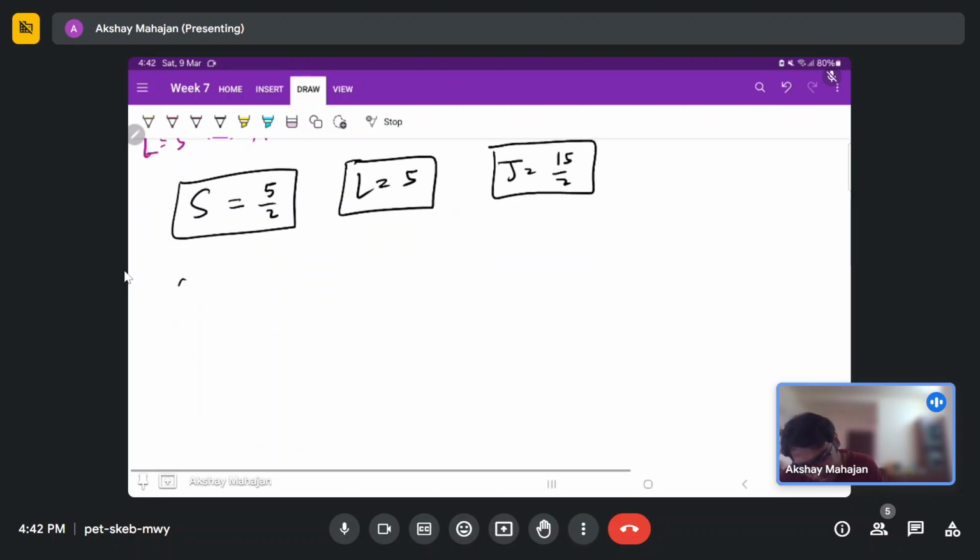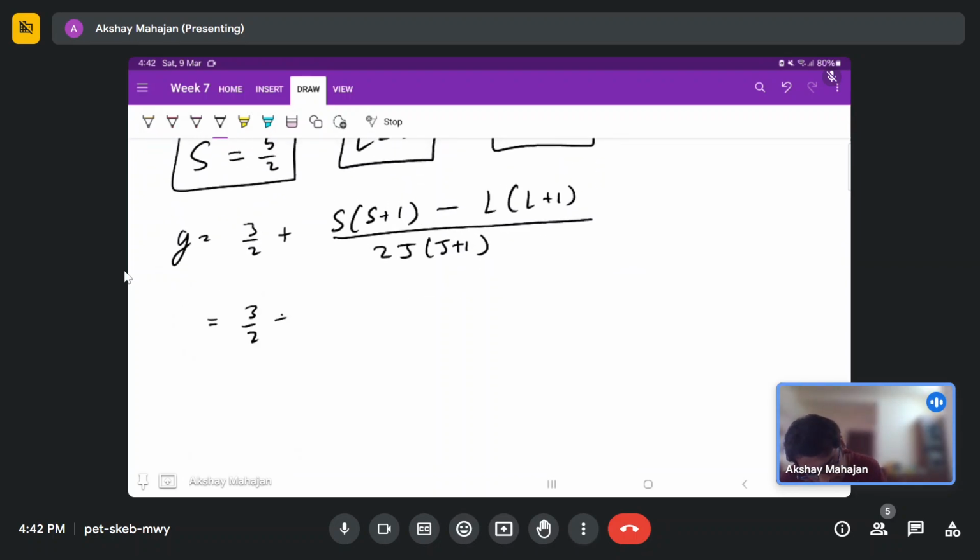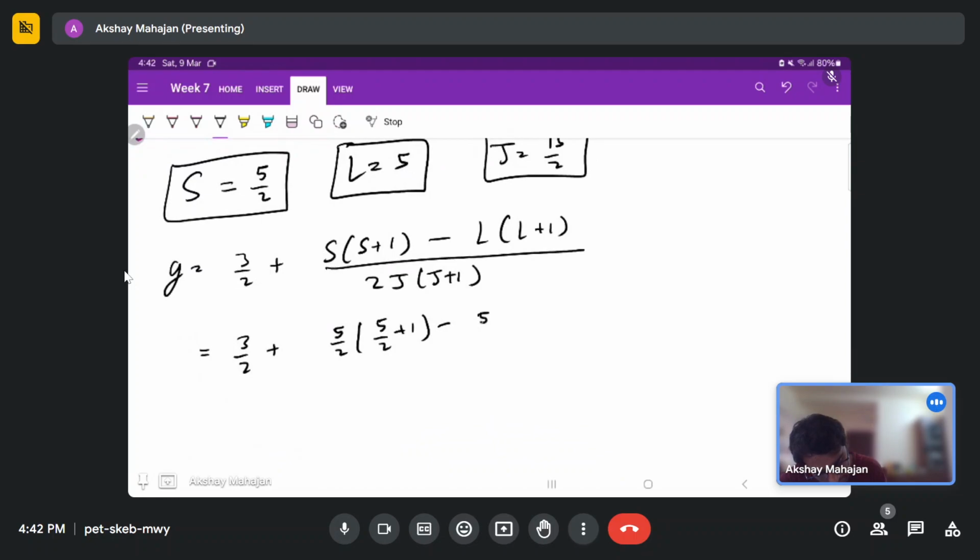So g, the Landé factor, equals 3 by 2 plus S into S plus 1 minus L into L plus 1 divided by 2J into J plus 1. Just put in the values: 3 by 2 plus 5 by 2 times 5 by 2 plus 1 minus 5 times 5 plus 1 divided by 2 times 15 by 2 times 15 by 2 plus 1.